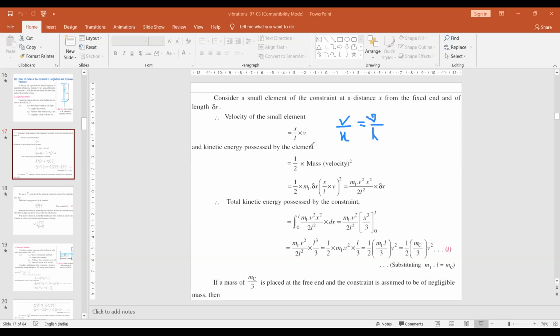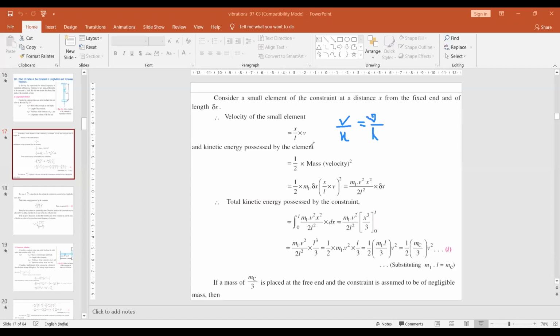Why? Because just compare the lines of the shaft. One end is fixed and the other end is free to move. So we have a gap between the fixed end and the other end, and the other end is free to translate from one place to another compared with the fixed end particles.